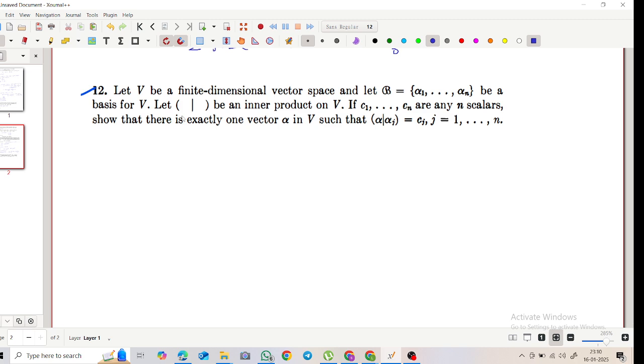V is a finite dimensional vector space, beta is any basis, show that there are exactly... So what should we do? What should we do?